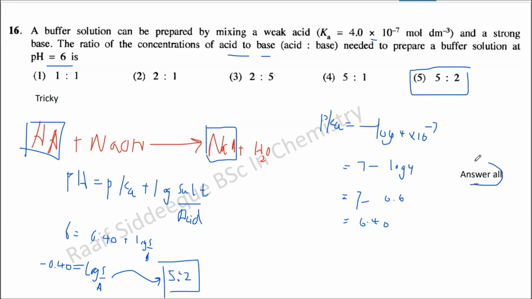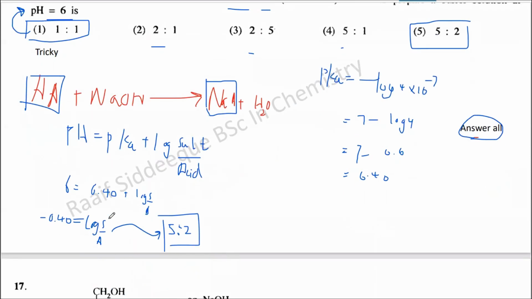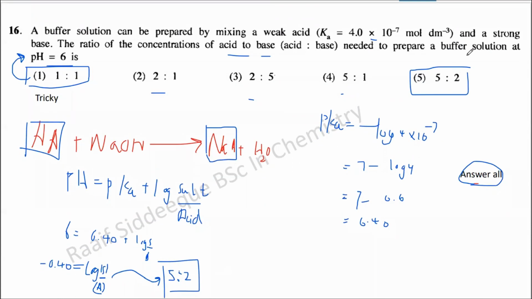But why is this all? Because when you try to make a buffer solution, for example, if I mix this in a 1:1 concentration, I will still end up getting a pH 6 buffer solution. Here they have mentioned only the concentration ratio, which we get as 5:2.